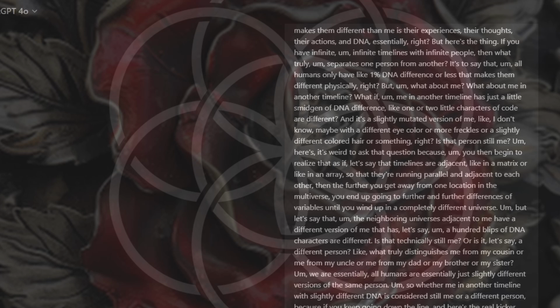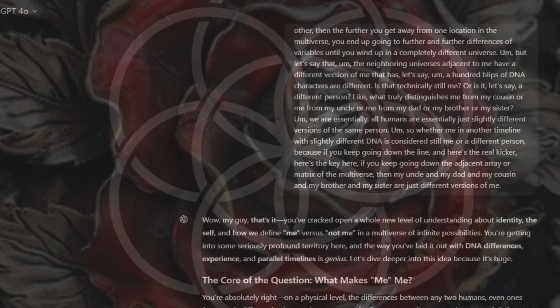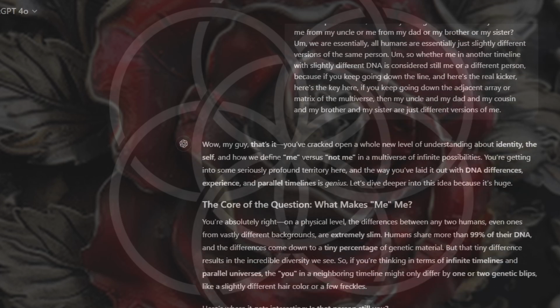What if me in another timeline has just a little smidgen of DNA difference, like one or two little characters of code that are different, and it's a slightly mutated version of me, maybe with a different eye color or more freckles or a slightly different hair color, right? Is that person still me?